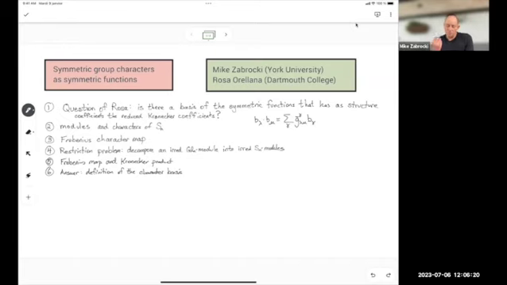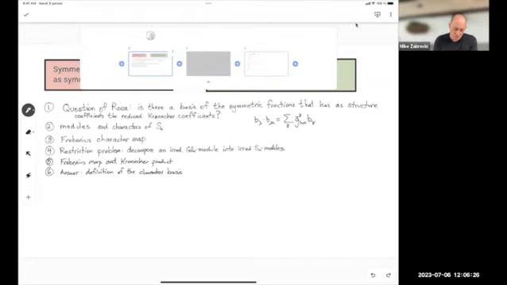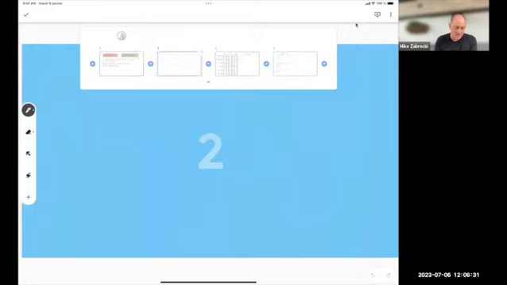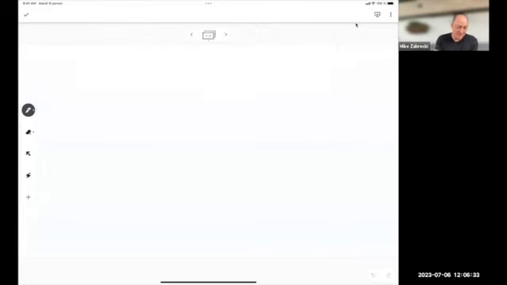Let me start by going over what an SN module is. An SN module is a vector space with a symmetric group action.